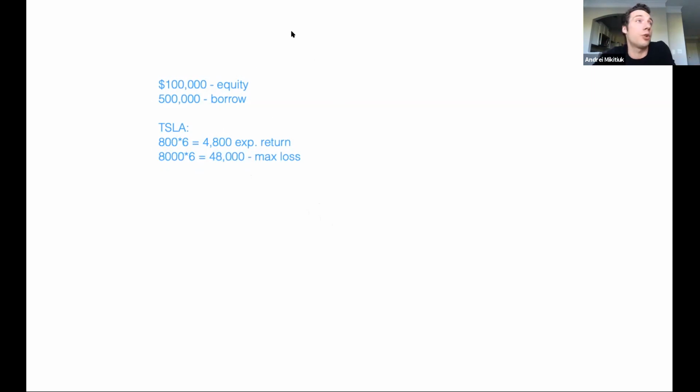So about the margin call. What basically happens when you're borrowing money from the bank or from your broker? Let's say that I am buying Tesla, and for the simplicity of calculations, let's say at $1,000 per share.